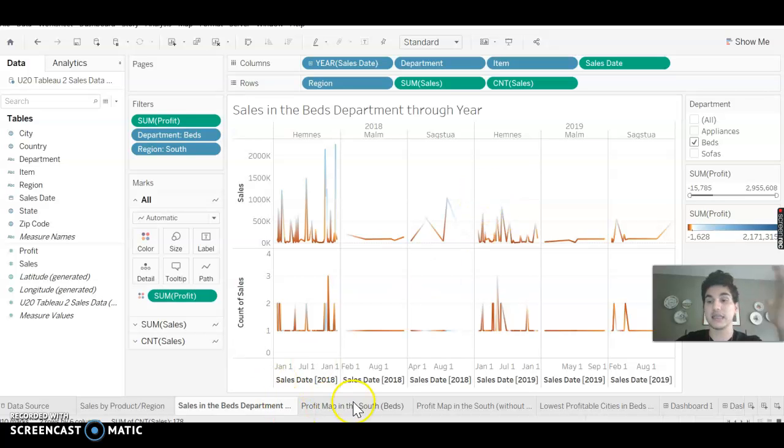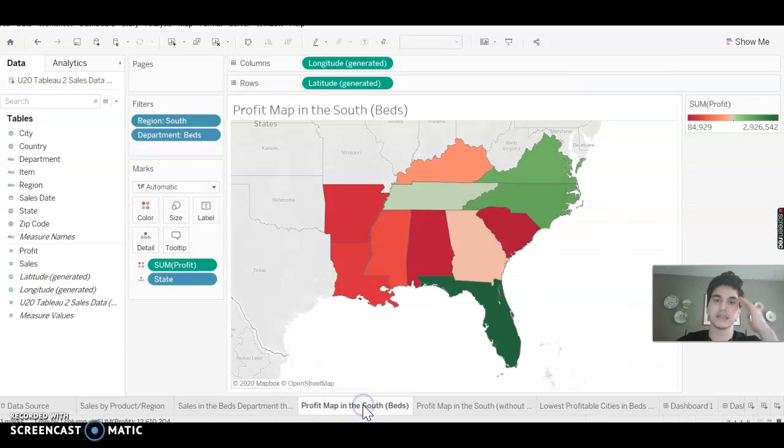So I decided to take a deeper look into that, and before doing that, I decided to put in a profit map to show which states were having a good amount of profit selling the whole beds department. If I saw a green or a light red state, it meant that the state was selling fairly well.